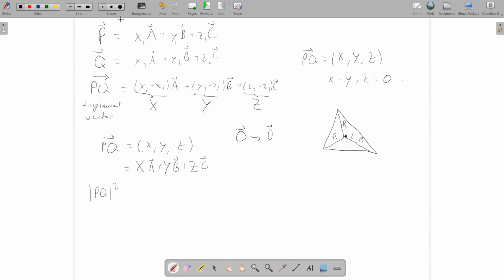Then the length of PQ squared, this is just the side length, will equal PQ dot PQ from vector algebra. And this is XA plus YB plus ZC dotted with itself.